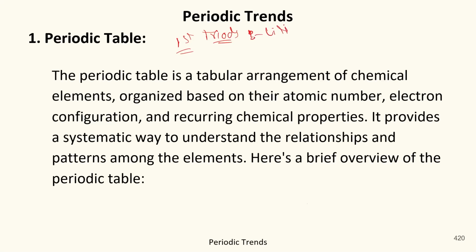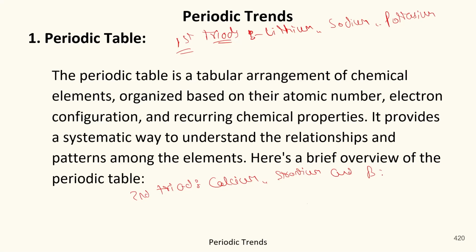The first triad contains lithium, sodium and potassium. Got it? The second triad is calcium, strontium and barium.